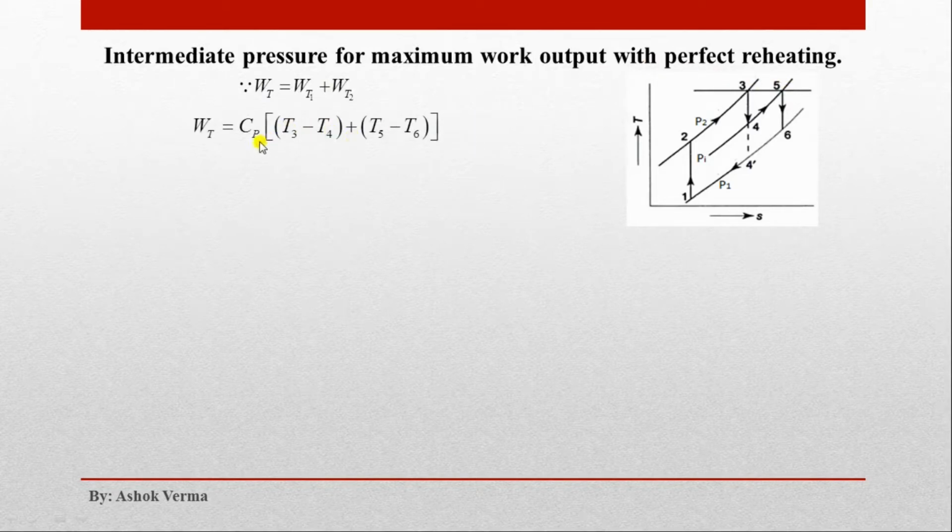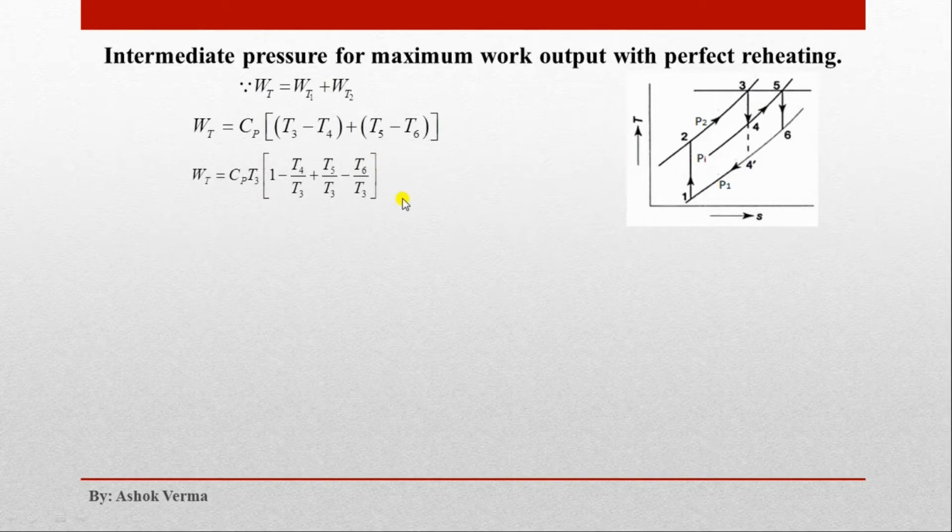So Wt will be a function of Cp into (T3 minus T4) plus Cp into (T5 minus T6). If you take T3 common from this, then you will find 1 minus T4 by T3 plus T5 by T3 minus T6 by T3.